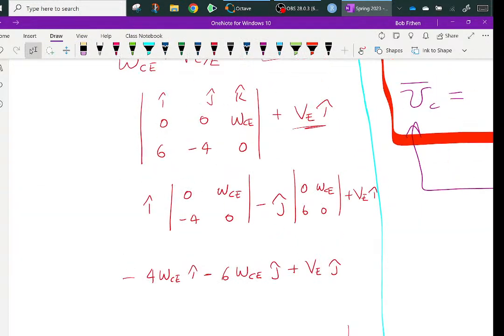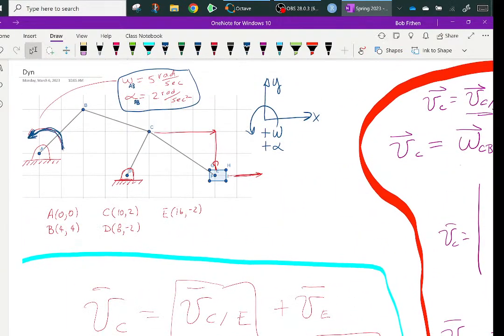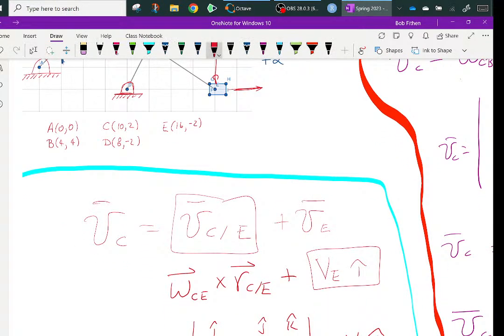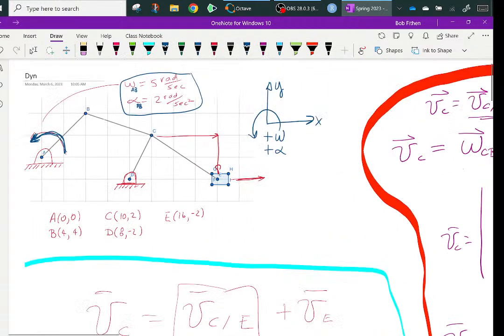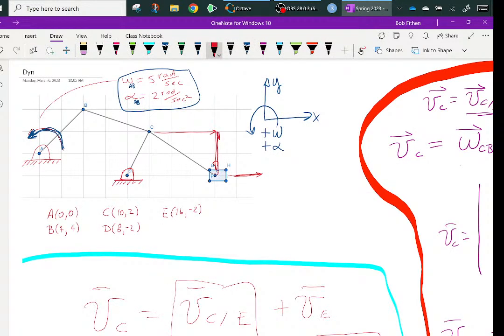Okay, let's see if I can figure this one out. Did I group this one? Okay. Yeah. Because I'm supposed to take E, draw a vector from E pointing to C. The vector R pointing to C, originating from E, goes back to the left 6, I, and then up 4, J. Is that right?